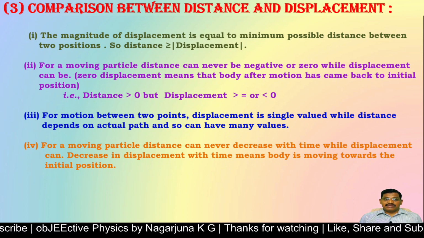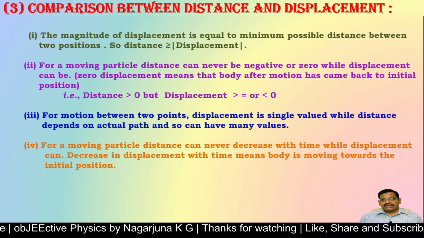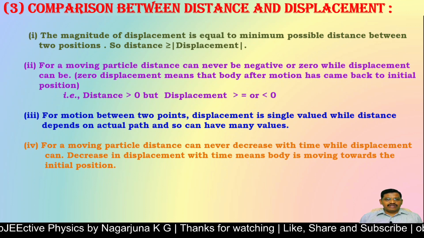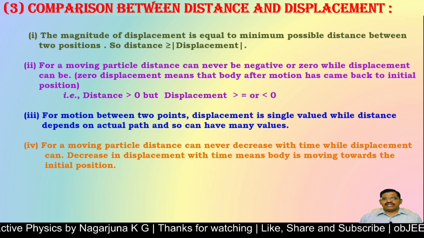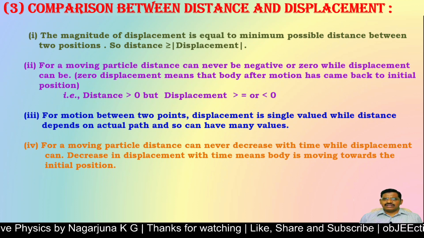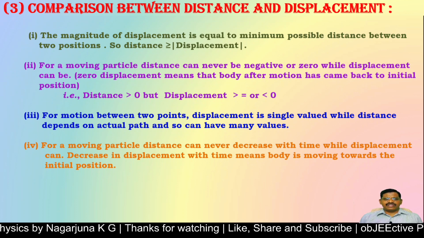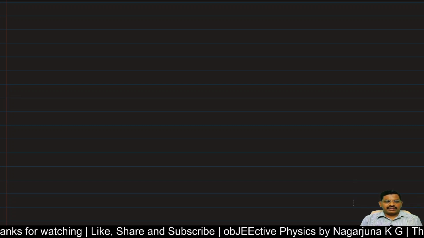But displacement may decrease. Whatever the path followed by the particle in forward direction, if the body returns and moves towards the initial position, then displacement slowly decreases, finally becoming 0.